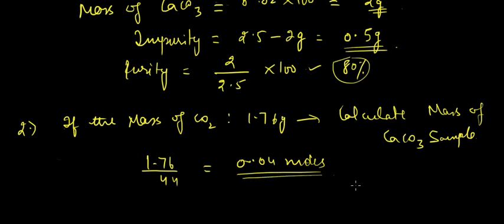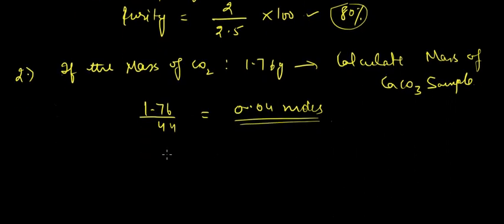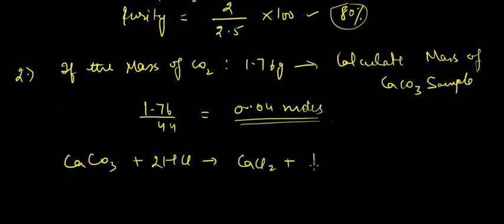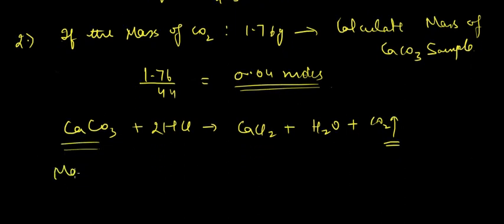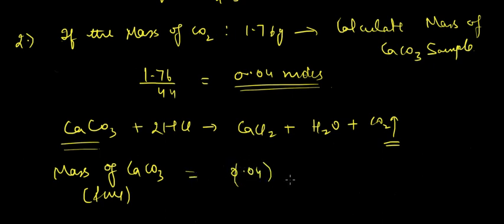Okay, so now as per the equation, number of moles of CO2 produced would be equal to the number of moles of CaCO3 consumed. Okay, so mass of pure CaCO3 would be 0.04 into 100, that would be 4 grams.